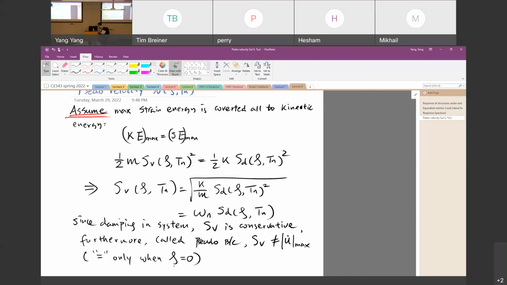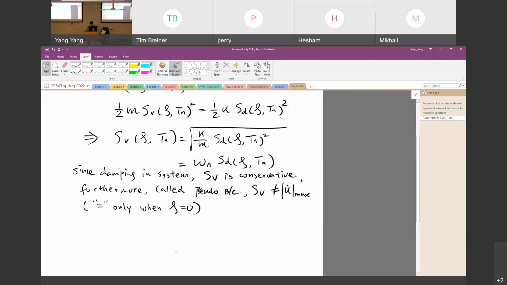And another important, and the most important, response spectrum is called the pseudo acceleration spectrum. Also pseudo.